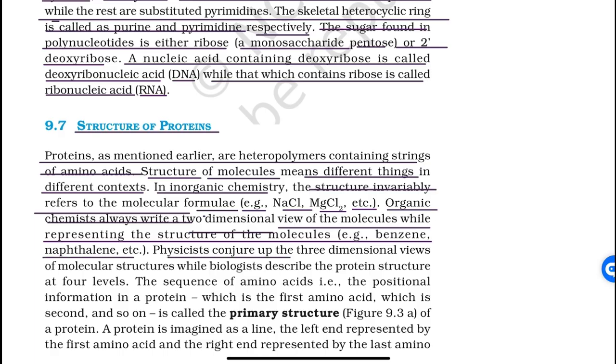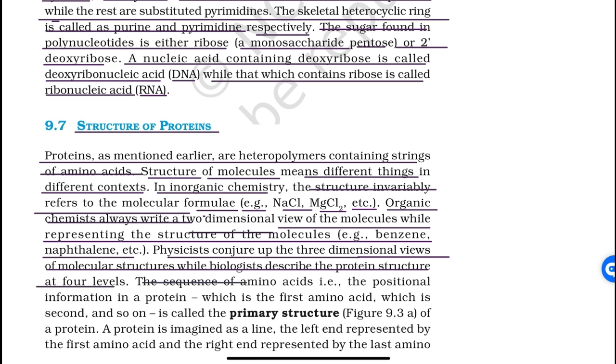Physicists conjure up the three dimensional views of molecular structures, while biologists describe the protein structure at four levels.